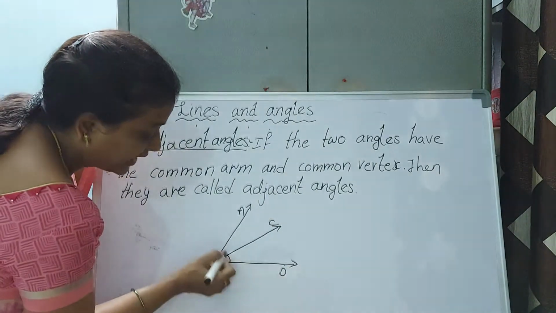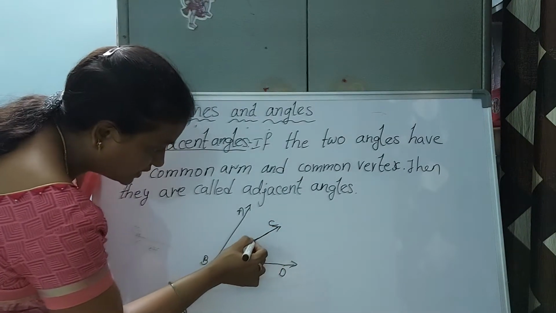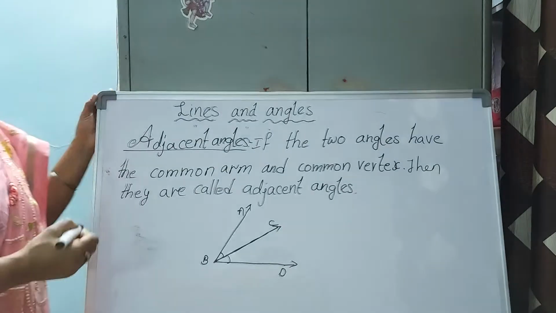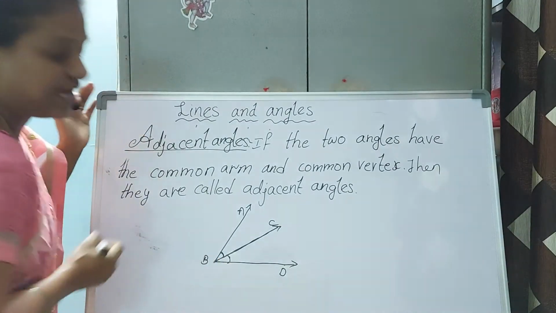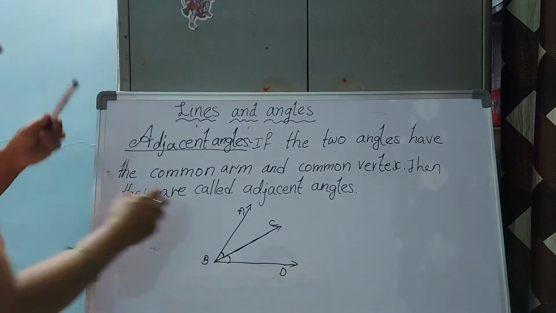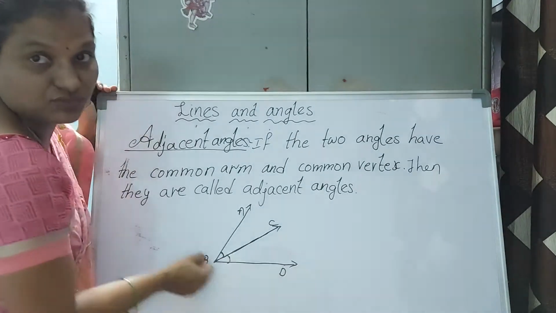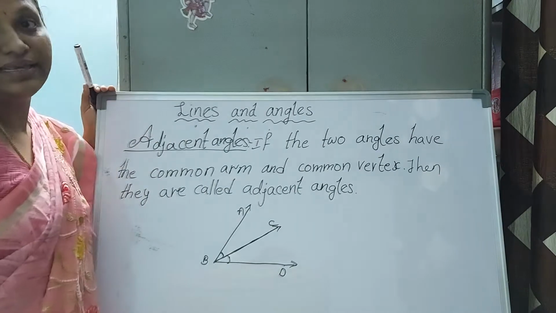For these two angles, we have a common arm, that is BC, and a common vertex B. So we call these two angles adjacent angles. If two angles have a common arm and a common vertex, we call them adjacent angles.